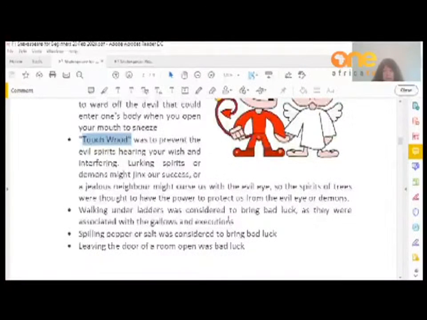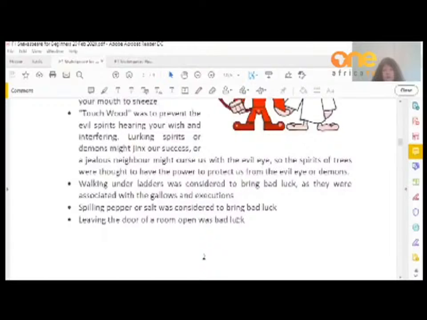Right, walking under ladders was considered to bring bad luck. Why? Because they were associated with the gallows, executions, and hangings. That's what the gallows were all for. Spilling pepper or salt was considered to bring bad luck.